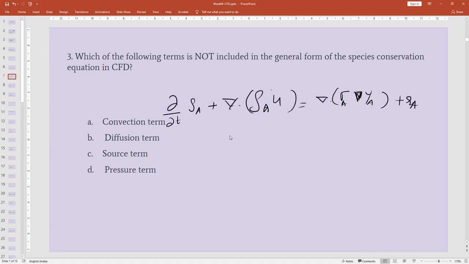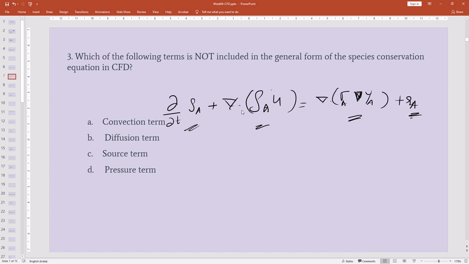So here, on the left hand side we have the unsteady term and the convection term. On the right hand side we have the diffusion term, and last we have the source term.